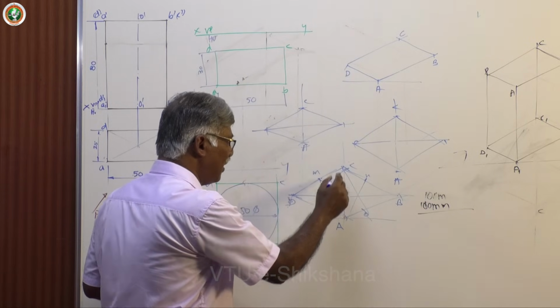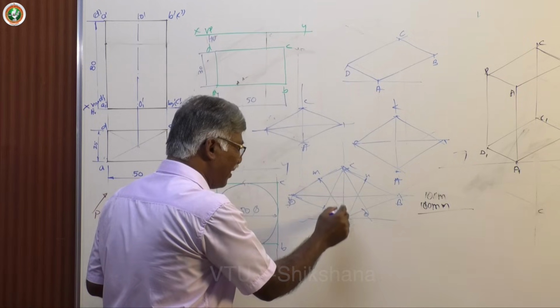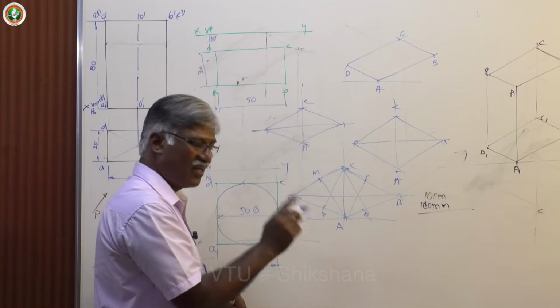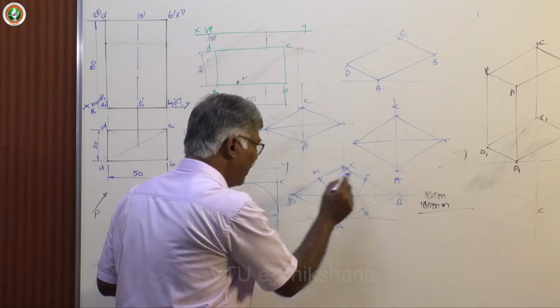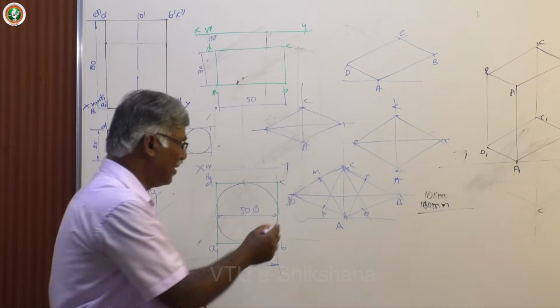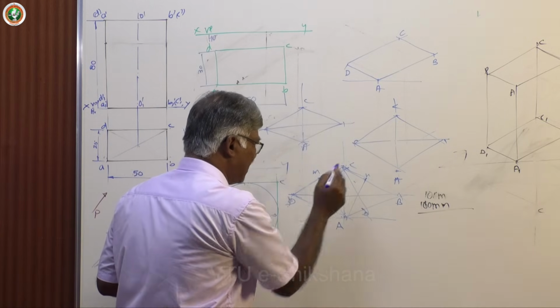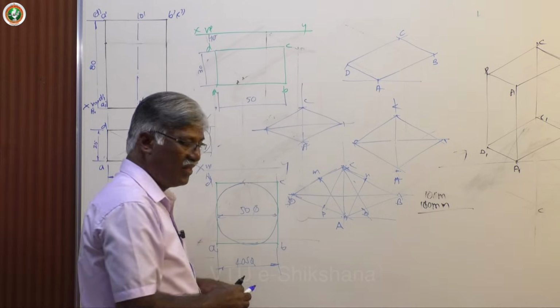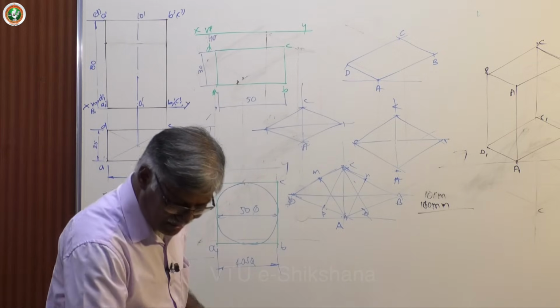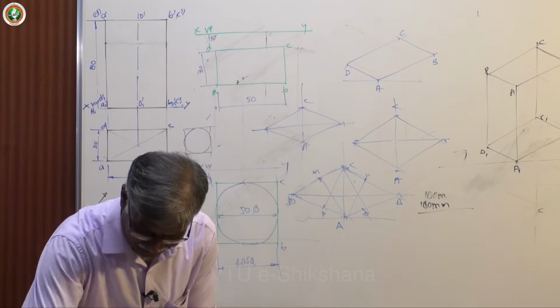I will repeat, taking the minor diagonal corners as reference, you identify the midpoints of the opposite sides: M, N, P, Q, M and N with A, P and Q with C. That's all.